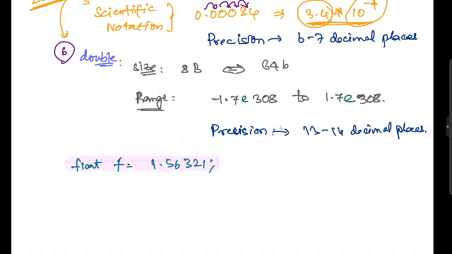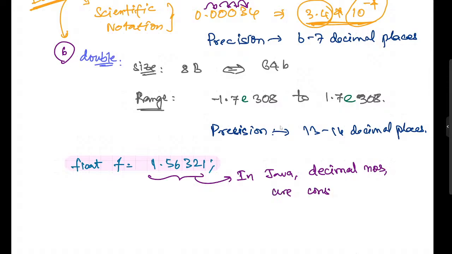Because by default in Java, decimal numbers are considered to be double. That is the first and foremost understanding you need: decimal numbers in Java are considered double. That is very, very important.